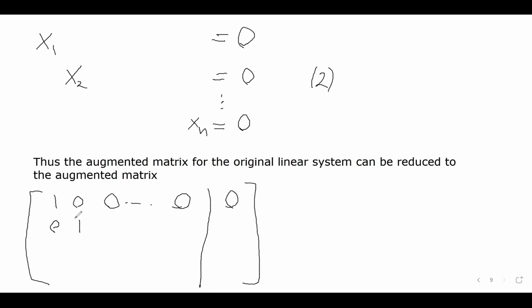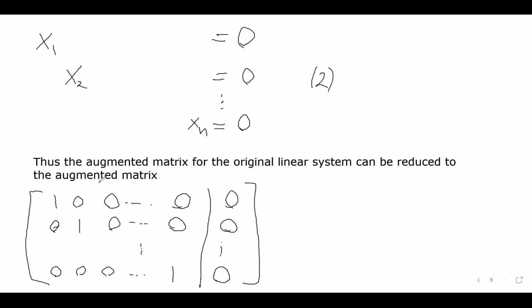The second row has 0, 1, right? Because the ones correspond with the x's here, and 0, and then this continues. The last row is 0, 0, 0, ..., and the last one is a 1, but this is still 0 because the rightmost entries are all 0.